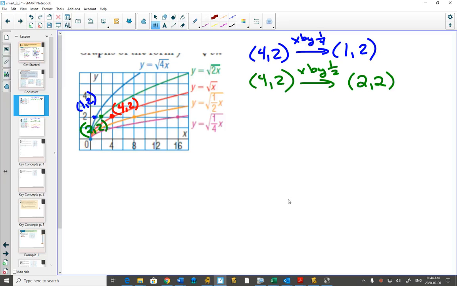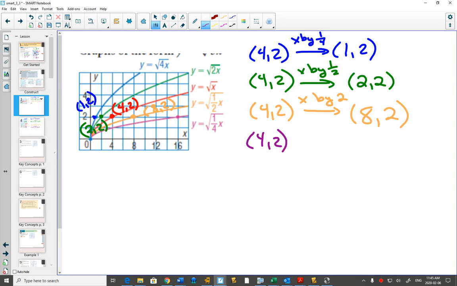And the reason we say multiply by the reciprocal is because when you get to fractions like the orange one, so here I start with 4, 2, I have a half inside. I'm going to multiply it by the reciprocal, 2/1. That's why it's 8, 2. And finally, our purple one, the 1/4 inside means you're going to multiply your x coordinate by 4/1.